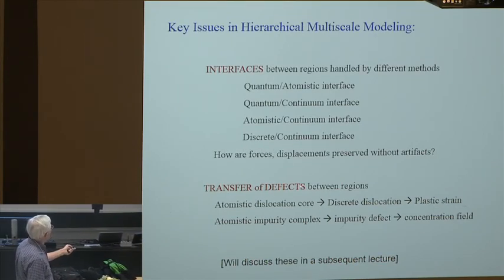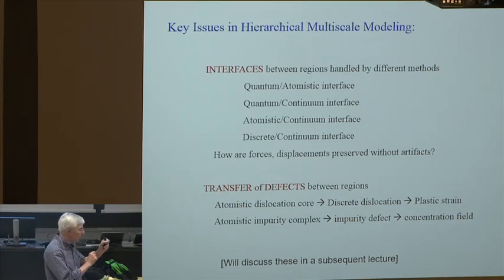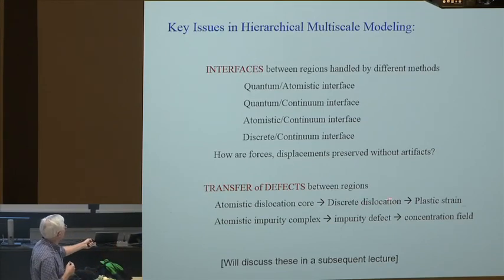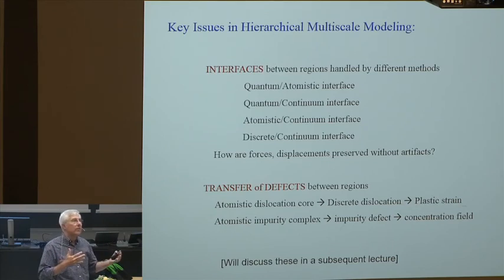And in a lot of these problems, we have defects, as I mentioned. So you have things like a dislocation core that's just a bunch of atoms. But in discrete dislocations, that thing is a line defect moving through the material. There are no atoms. And in continuum, it's just a plastic strain. There aren't even any dislocations.